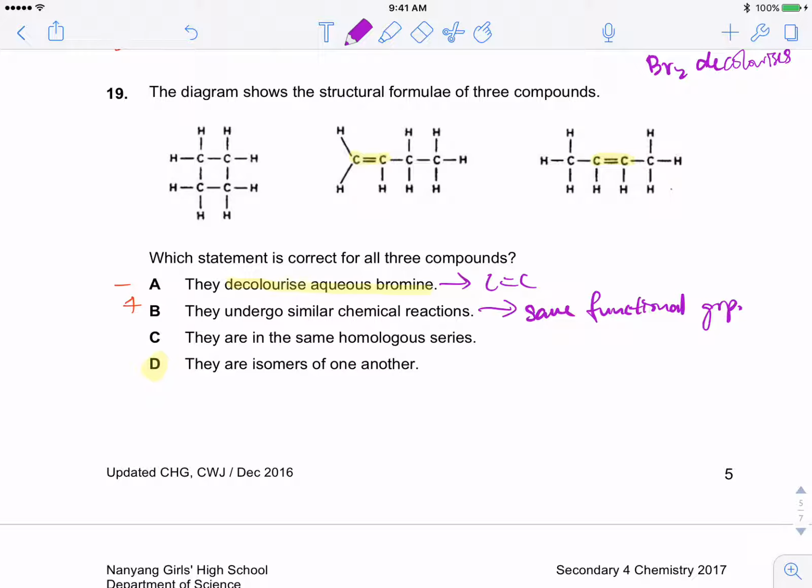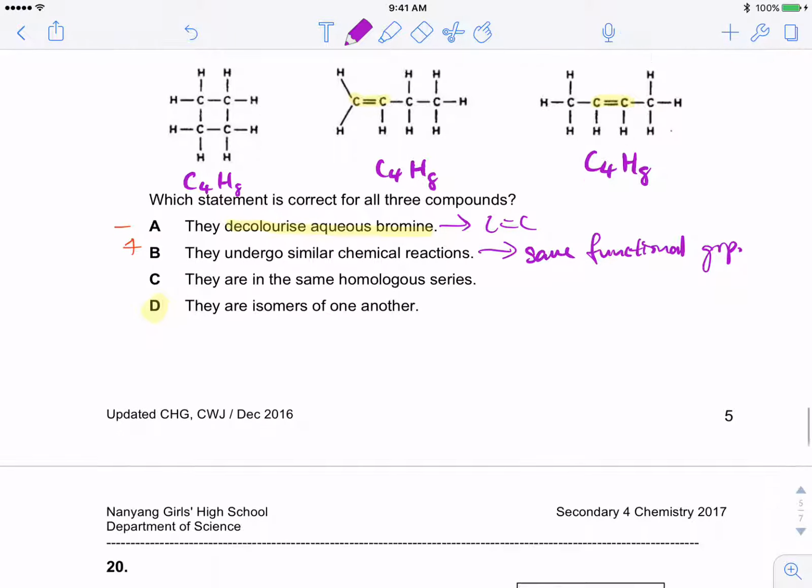D. They are isomers of one another. To check whether they are isomers or not, check if their molecular formula is the same. C4H8, C4H8, C4H8. So since they have the same molecular formula, and we can, with one look, tell that they have different structural formulas, they are isomers of one another. Answer is D.